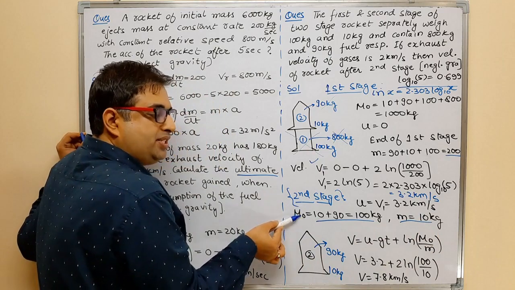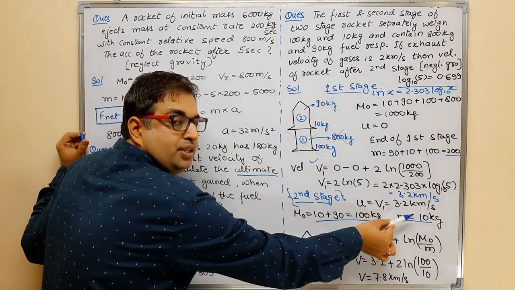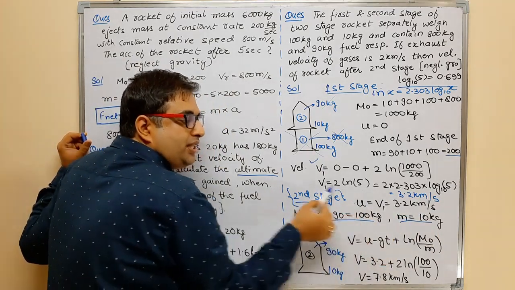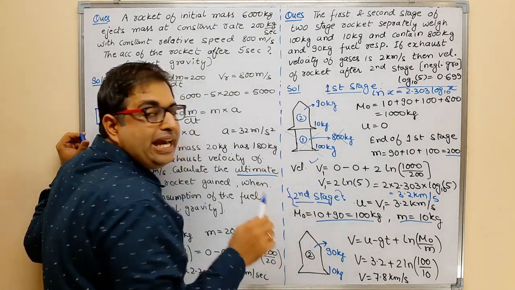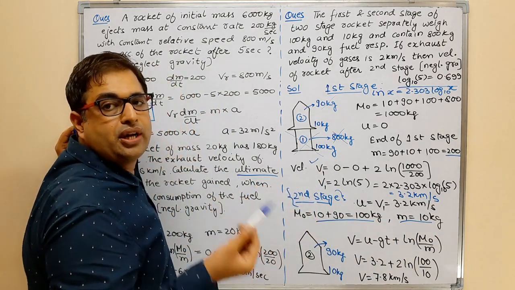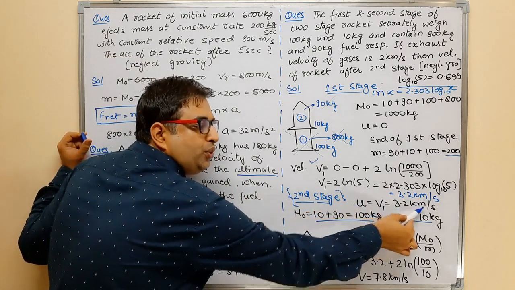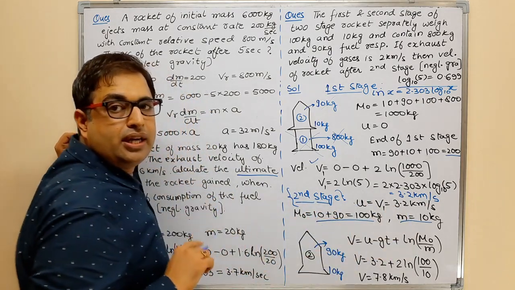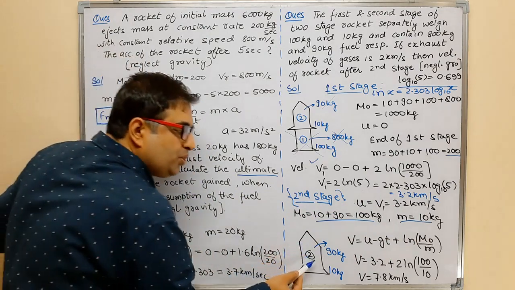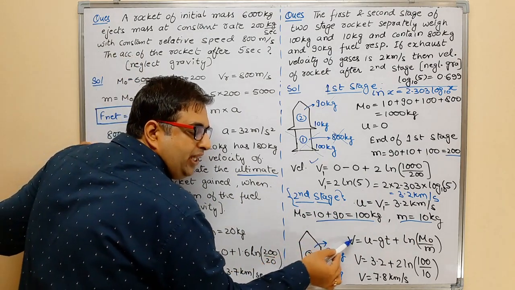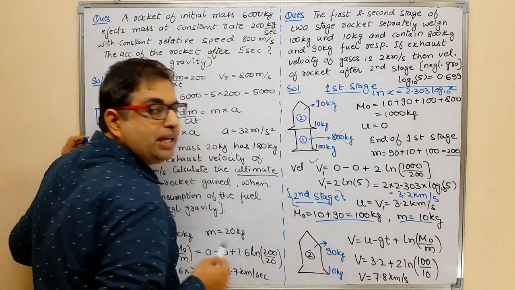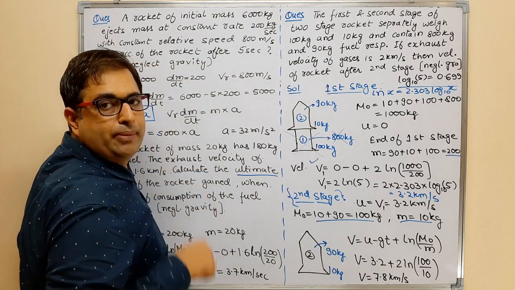So initial mass known to us, final mass known to us. This velocity V1 will work as initial velocity for stage 2. So U will be 3.2 kilometer per second for stage 2. Now let us use the formula. It is V equal to U minus gt plus ln m0 divided by m.